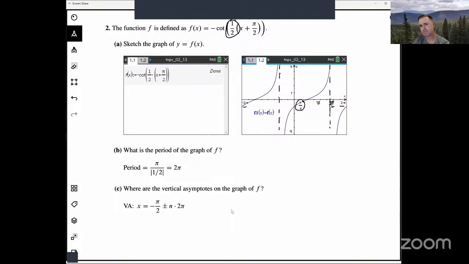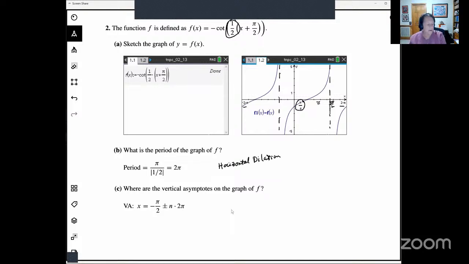So just something else I think that's kind of interesting that teachers can ask students here is, they should remember from the essential knowledge statement in the CED for 311.A.5 that the graph of the cotangent function has vertical asymptotes for domain values where tangent is 0.